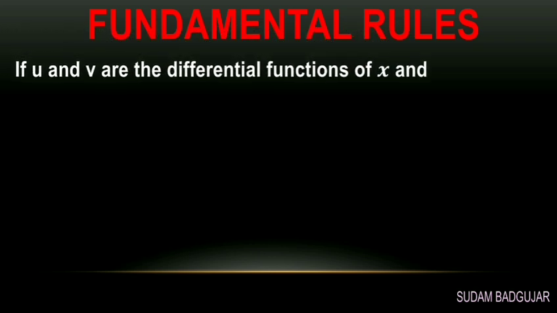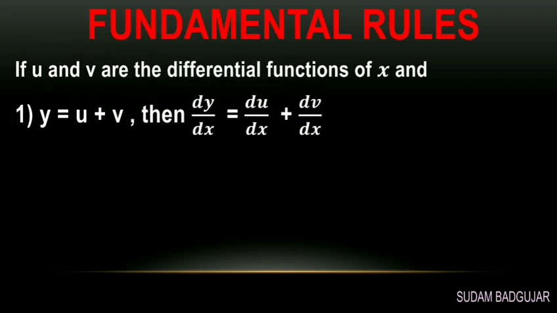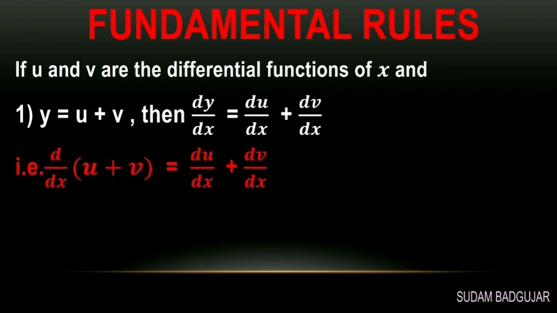Here u and v are differentiable functions of x, and suppose y is equal to u plus v, then dy by dx is equal to du by dx plus dv by dx. That is, d by dx of u plus v is equal to the derivative of u plus the derivative of v, meaning taking separate derivatives.